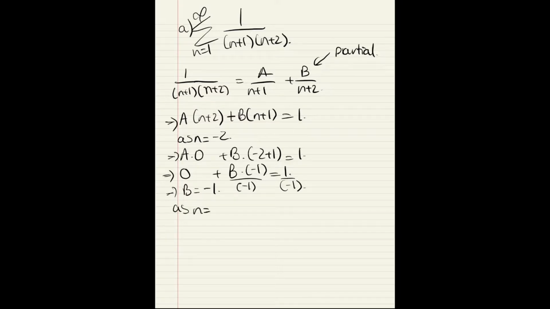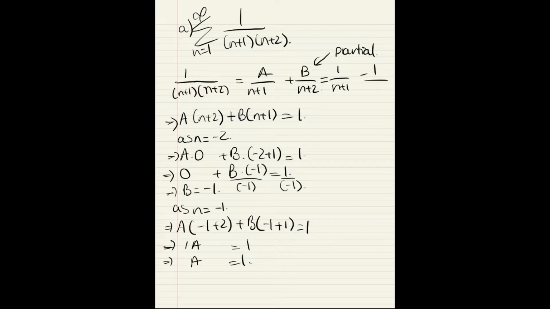When n equals minus 1, A times (minus 1 plus 2) plus B times (minus 1 plus 1) equals 1. So 1A equals 1, so A equals 1.